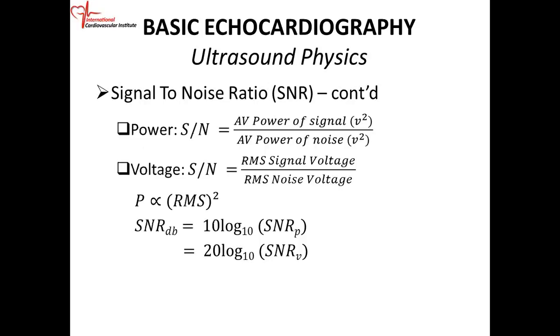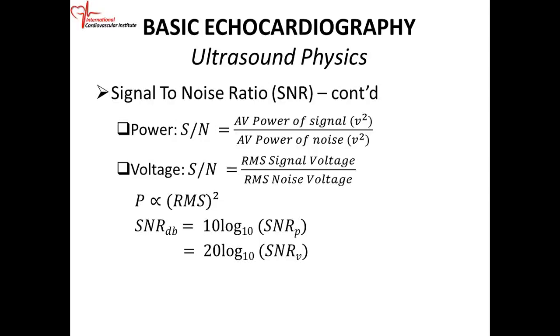If we use power to do the signal to noise ratio, then we use the average power of the signal, and when we see V, that's velocity squared, because in order to get power, you square the velocity. And then the noise, same thing. Or you can use voltage.